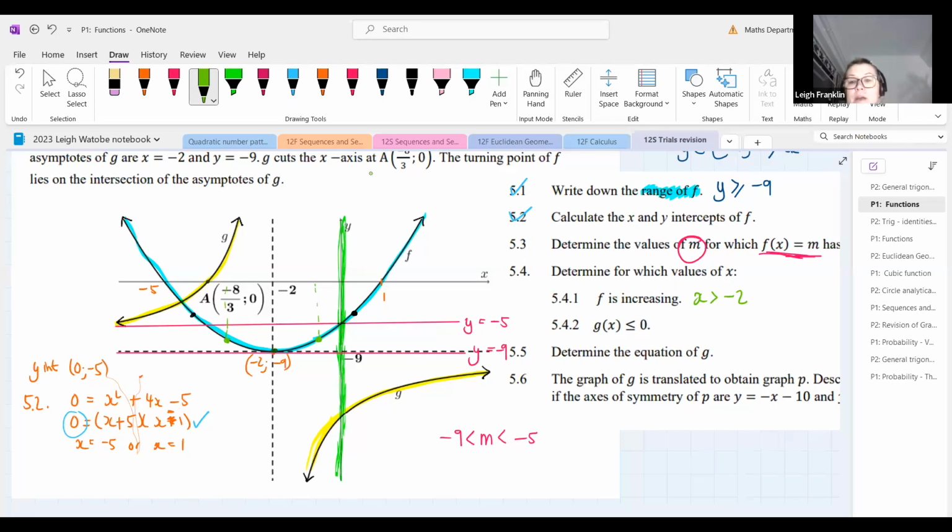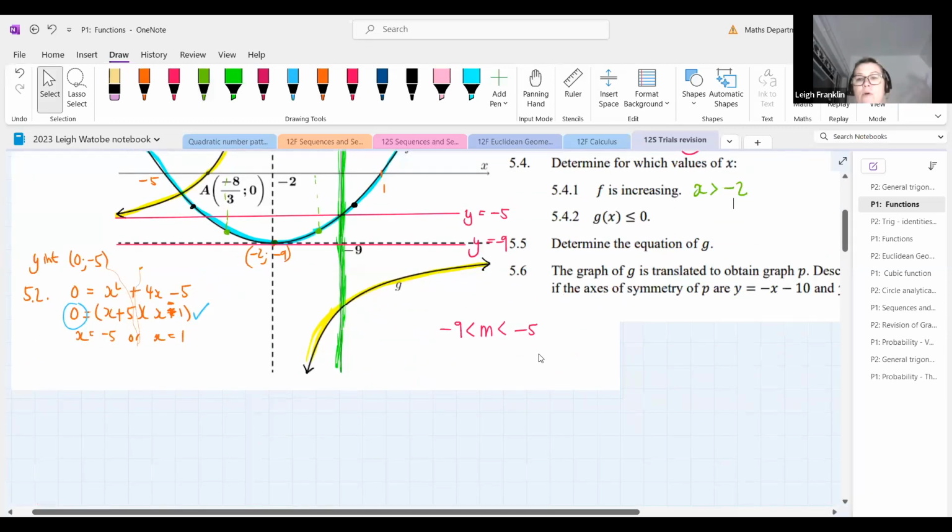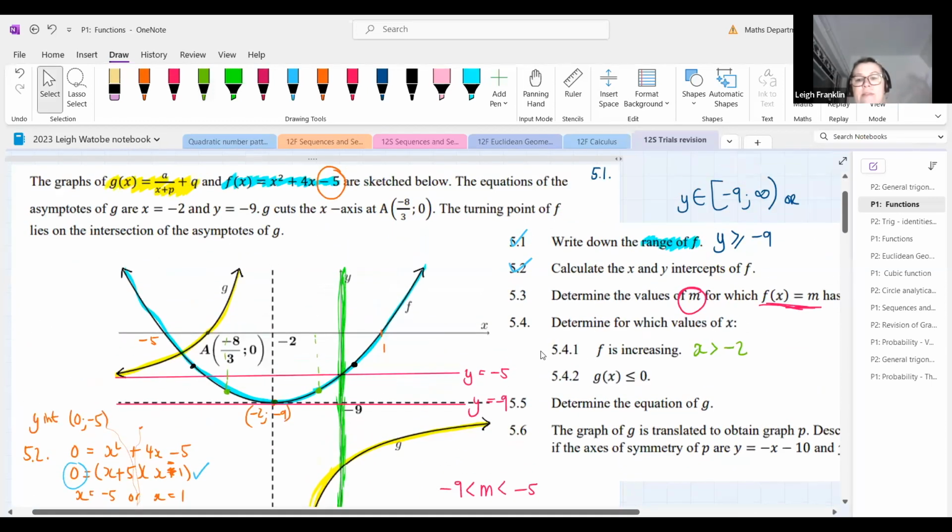Now, determine for which values of x in 5.4.2, g of x is smaller than or equal to 0. So now they're asking about the graph g. They're asking about the hyperbola. For which values of x is it negative?